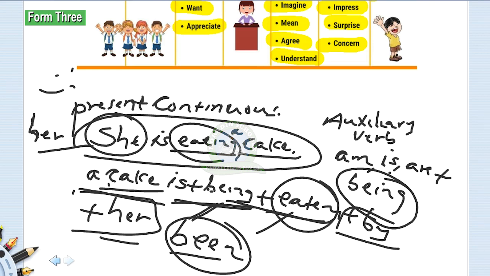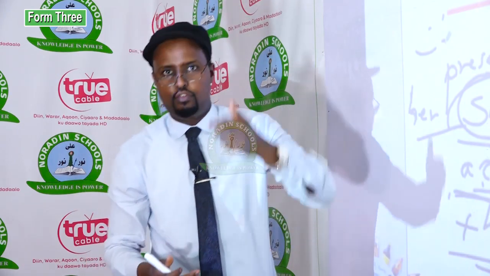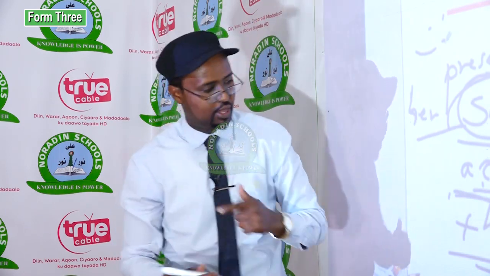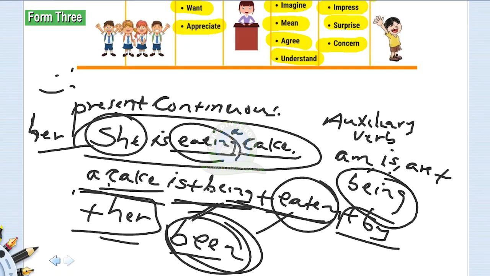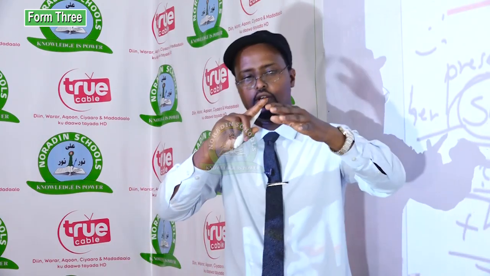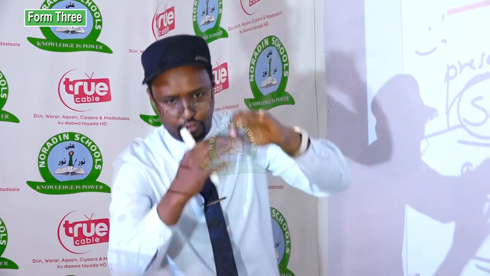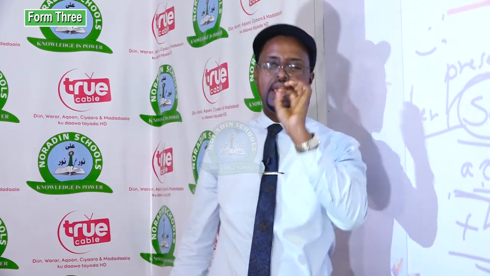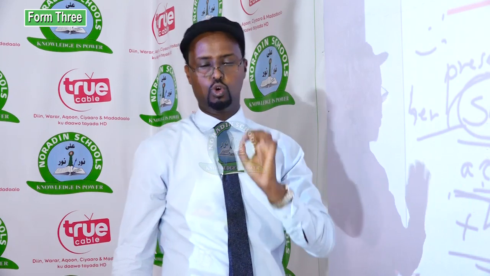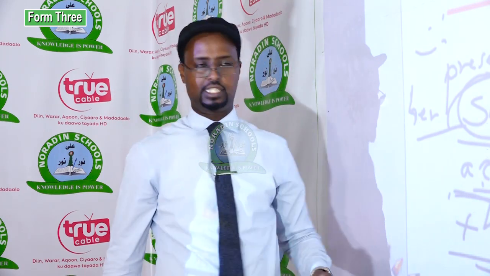Shall, will, and have. So in passive, you add that shall and will and have plus this being. How many tenses I have? Present continuous tense, simple present tense, simple past tense, simple future tense, past continuous tense, present perfect tense, past perfect tense, and future perfect. These 8 tenses are the basic tenses that you will be asked in many exam papers.